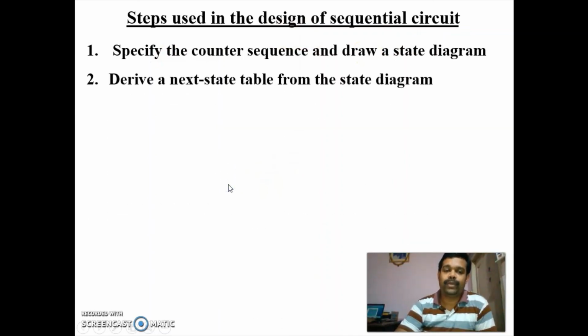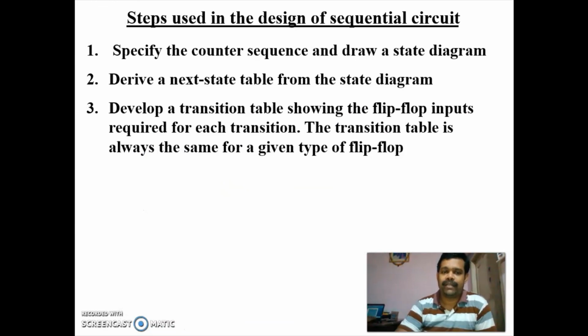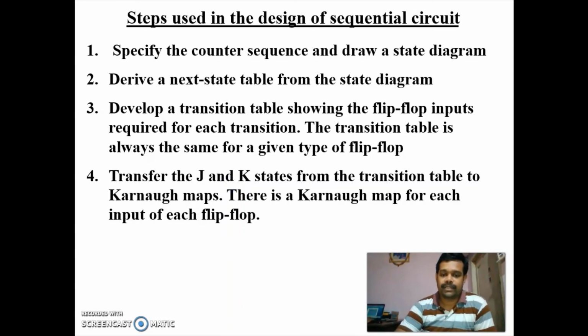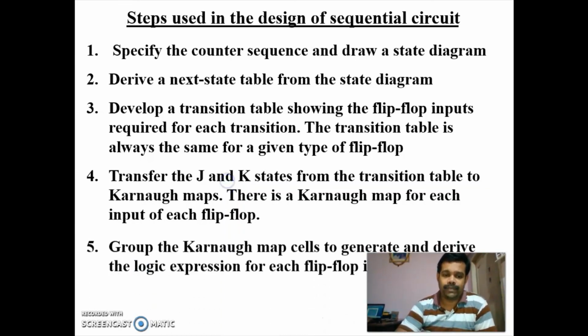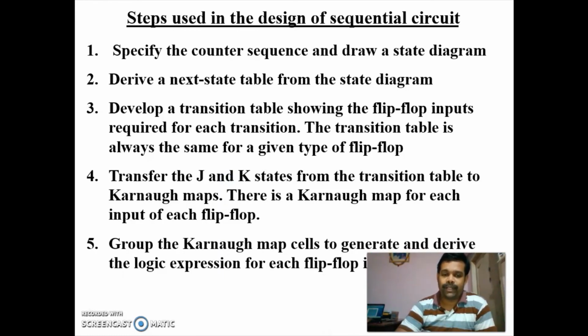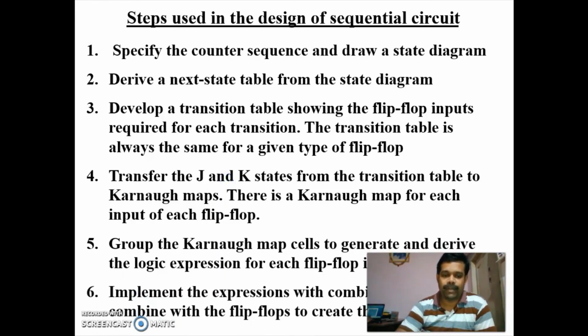Then we have to derive the next state table from the state diagram. Then derive the transition table showing flip-flop inputs and record for each transition. The transition table is always the same for the given type of flip-flop. Then by using K-map, we have to find the input of each flip-flop. Then we have to group and find the expression, and finally we have to implement. So these are the steps to design a sequential circuit that we have already seen.